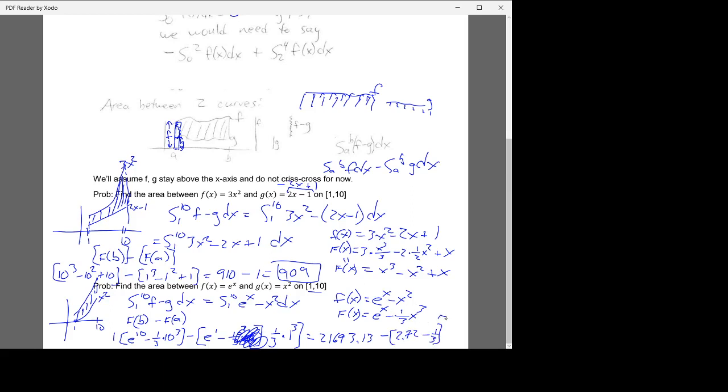So it's roughly, it's not very big. And make that a minus, and add it to 21,693. So about 21,690.7, roughly. So it's going to be a large number.